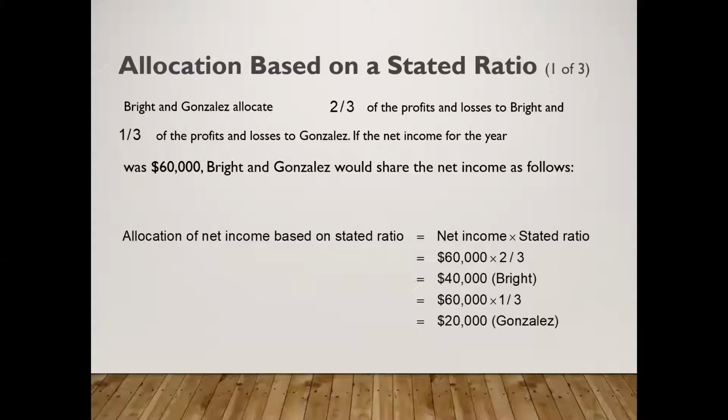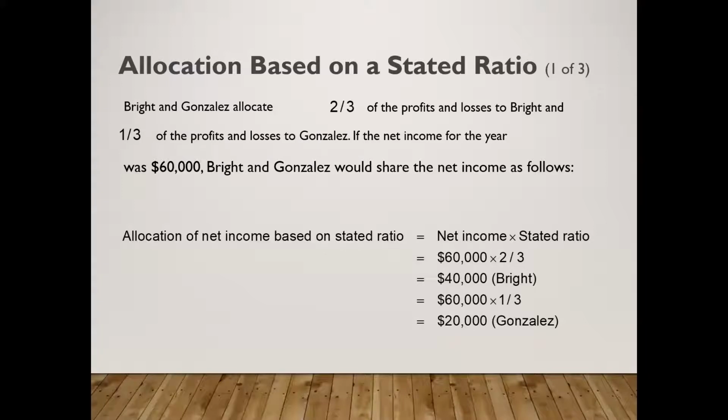Bright and Gonzalez would share the net income based on the ratios using this formula that you see here. The allocation of net income based on stated ratio is equal to net income times the stated ratio.